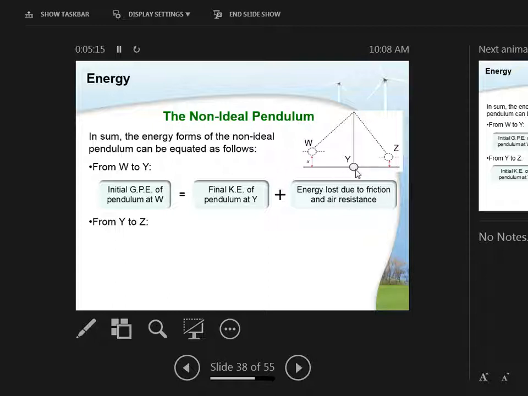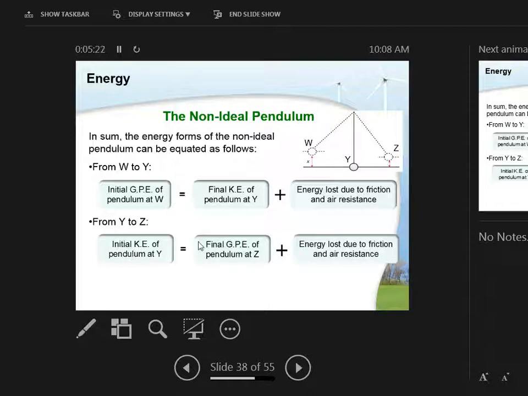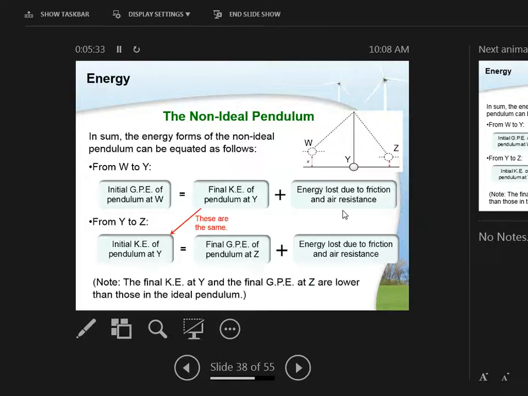Okay, so the mechanical energy is now reduced. Then from Y to Z, the initial kinetic energy at Y is converted to gravitational potential energy at Z, plus, again, from Y to Z, you still have energy loss due to friction and air resistance. So take note, at point Y, the final KE, because when it drops from W to Y, it is the same kinetic energy from Y to Z.